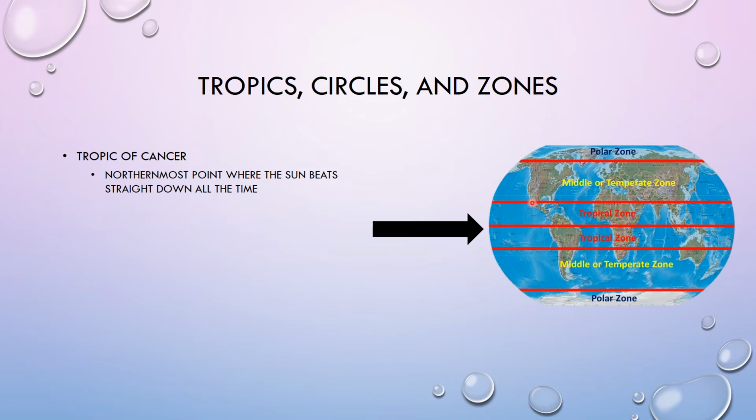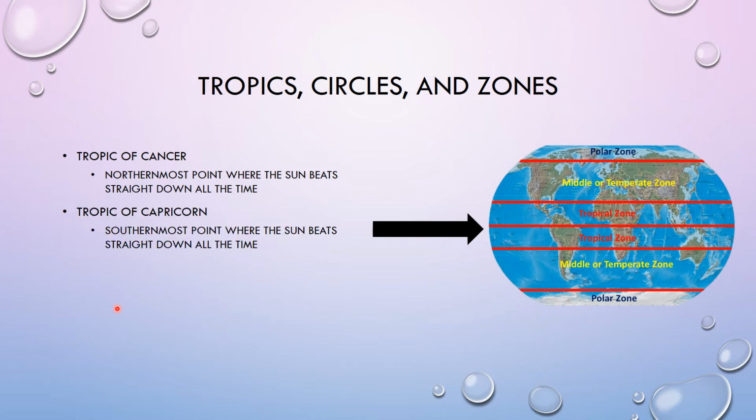The sun beats straight down on it all the time. Now that doesn't mean that it's always daytime, it just means that when the sun is shining, it's shining straight down in that spot.